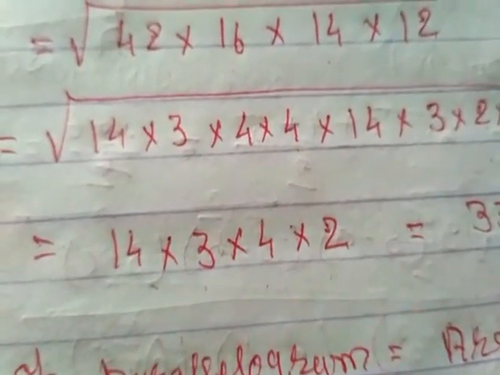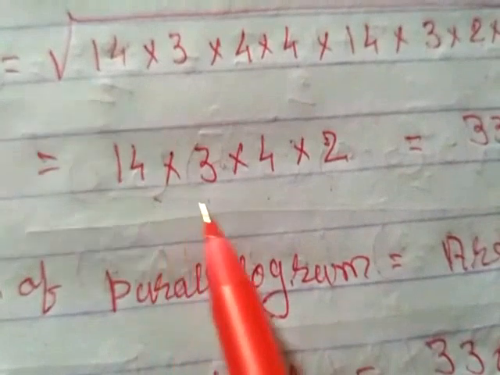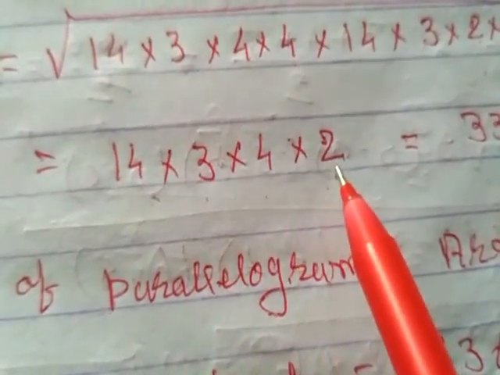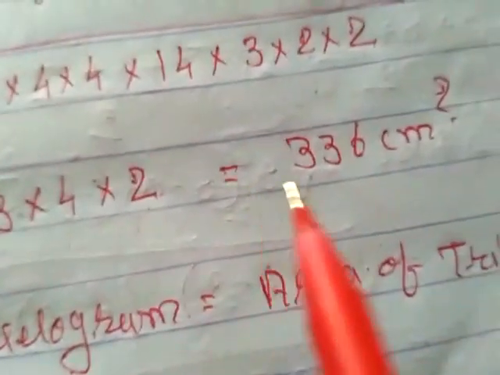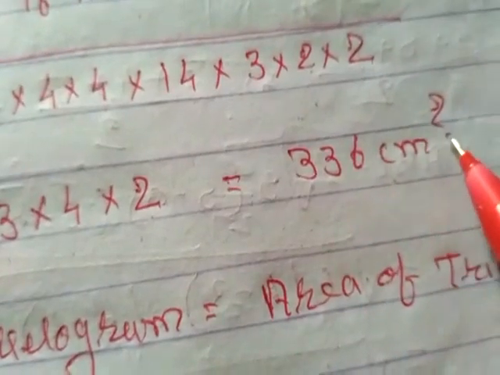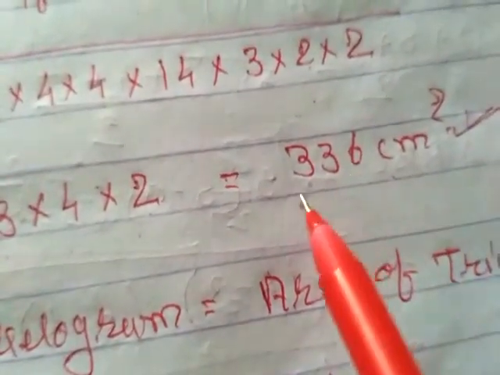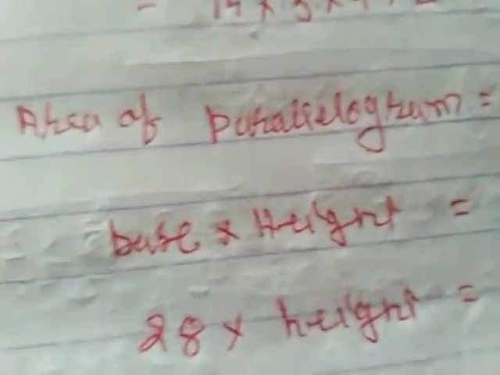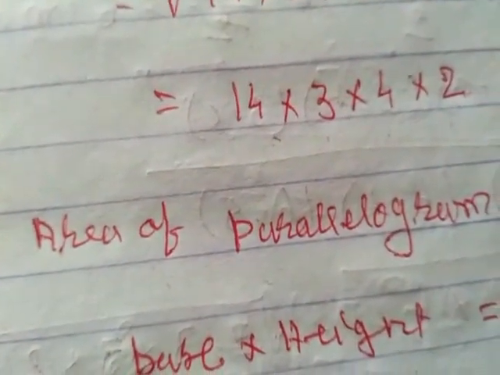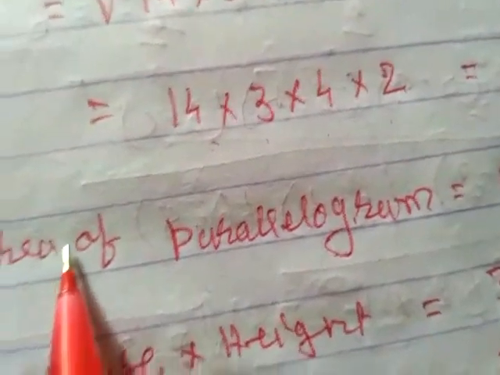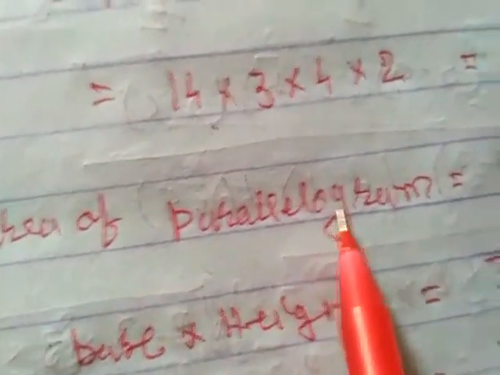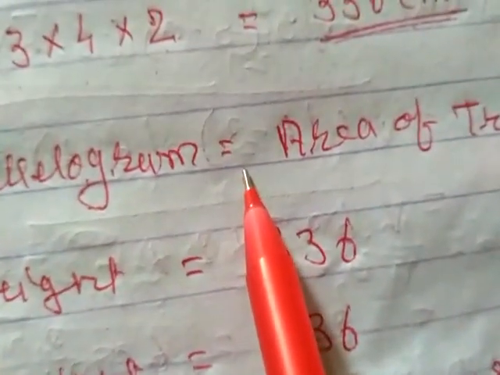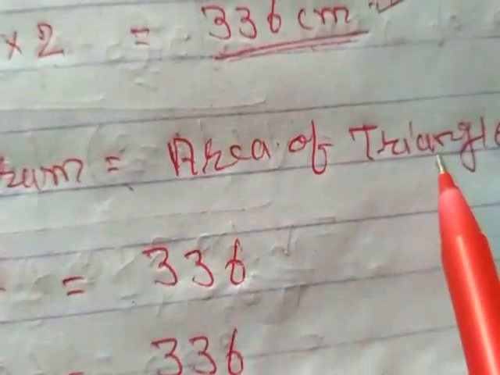Now multiplying them all together, we have 14 into 3 into 4 into 2, that is equal to 336 centimeter square, the required area of the triangle. But according to the question, it was given that the area of the parallelogram is equal to the area of the triangle.